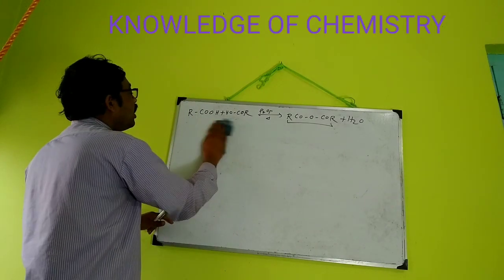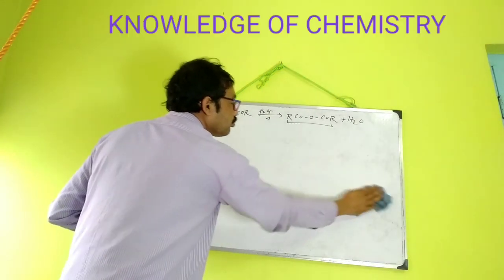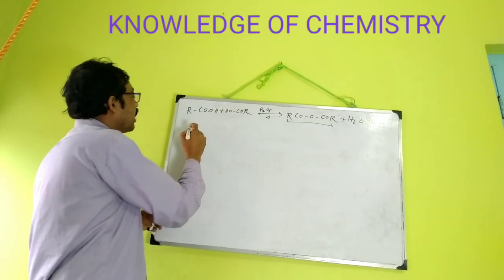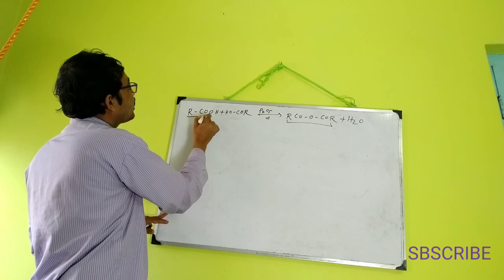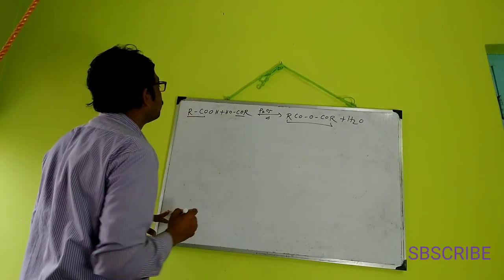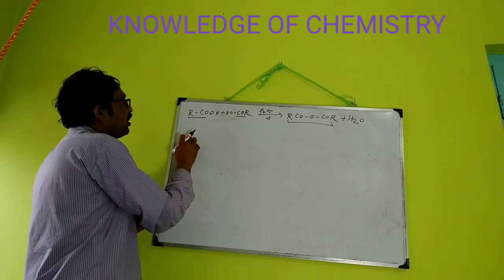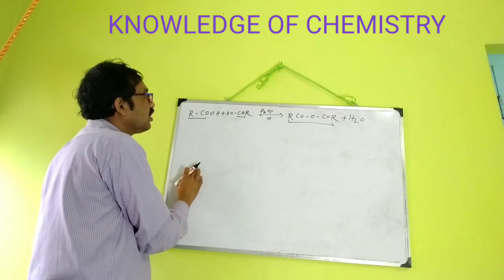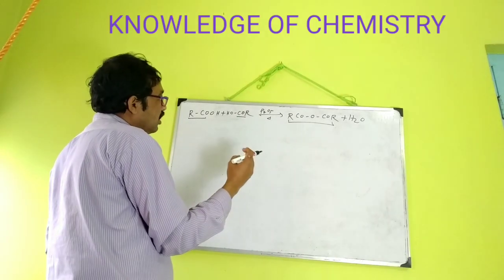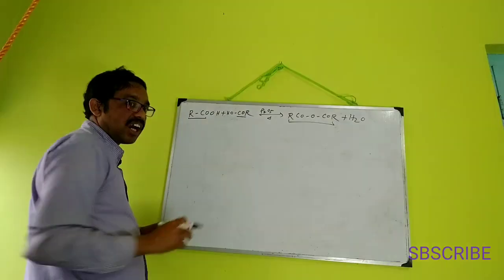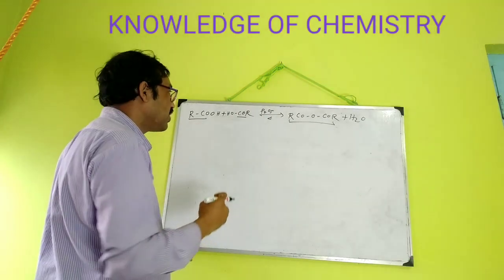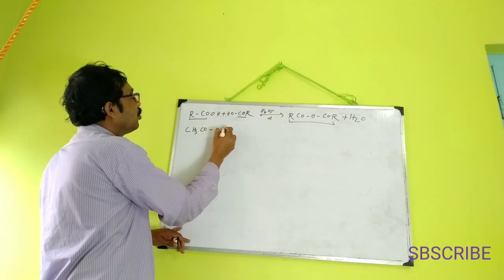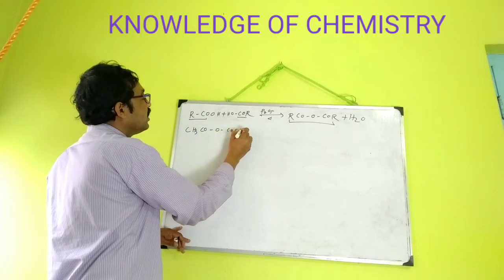But in the IUPAC system, the number of carbon atoms is counted in the RCO group, and then eth, prop, etc. are written, and anhydride is written as suffix. As for example, CH3CO-O-COCH3.